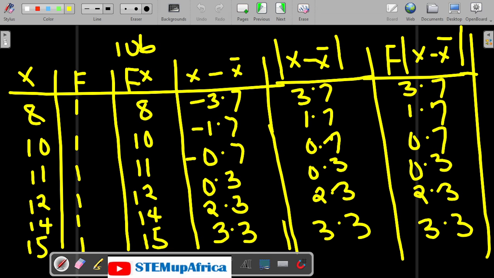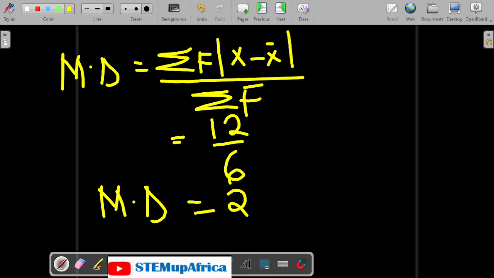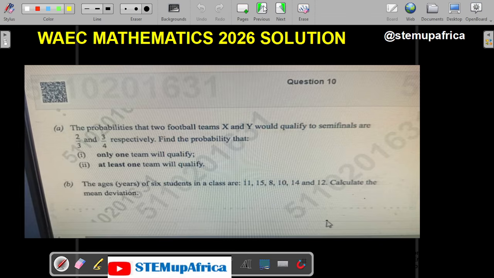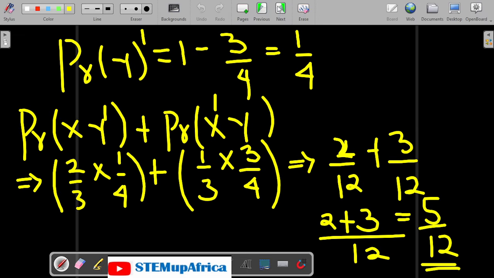That will give us 12. So we are having 12 over 6. My mean deviation, the value is simply 2.0 or 2, as the case may be. So this is the value for our mean deviation. That is the solution to question 10. So that's all for question 10. Let's see.